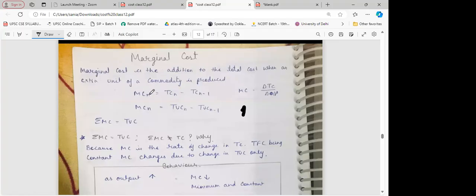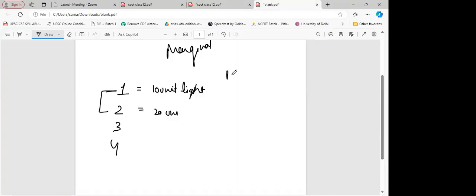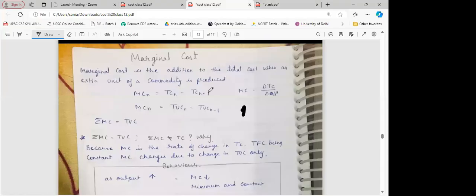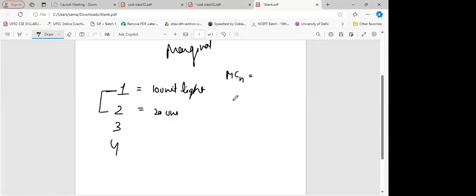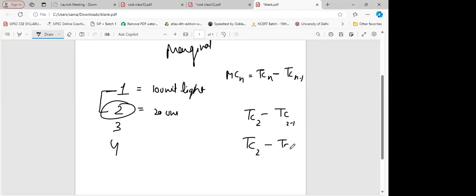There are two formulas for MCn. n can be any number. It is TCn minus TCn minus 1. Now I'll explain what this n is. For example, total cost for the second unit: here it will be total cost for 2 minus total cost for 1.